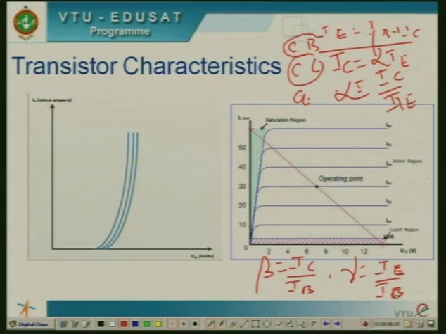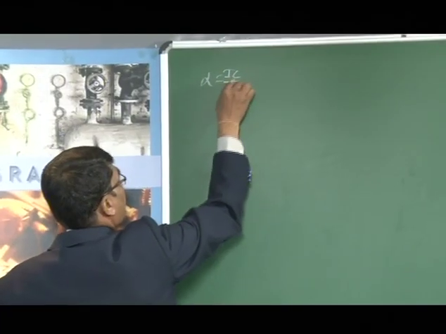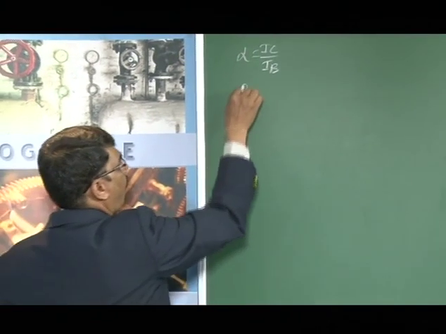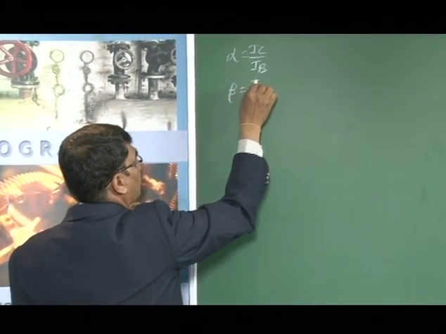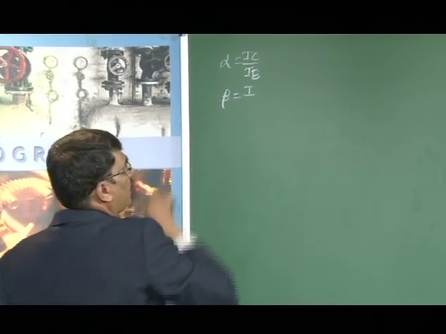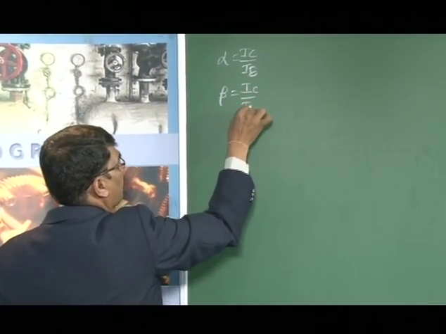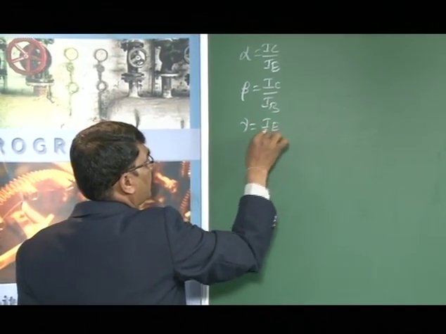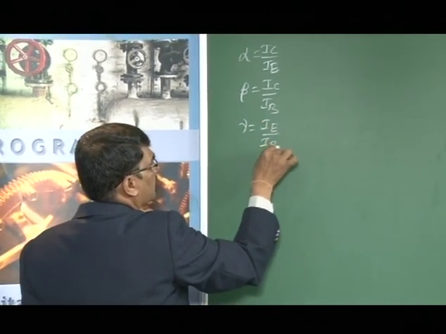Then what is the relationship between alpha, beta, gamma? We know that alpha is given by IC by IE, beta is given by IC by IB, and gamma is given by IE by IB, where the output current is IE and the input current is IB.